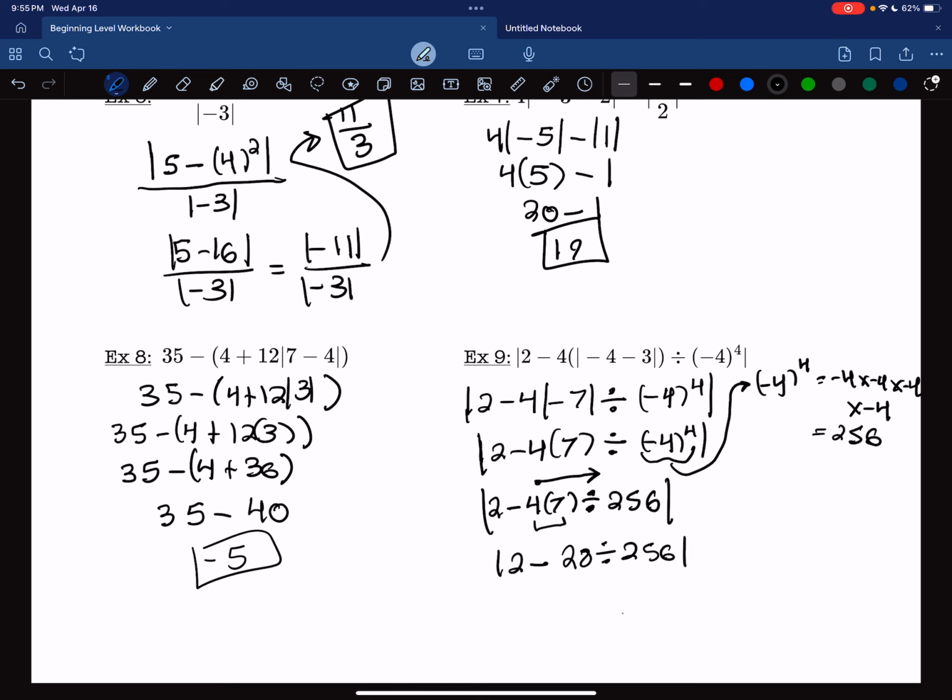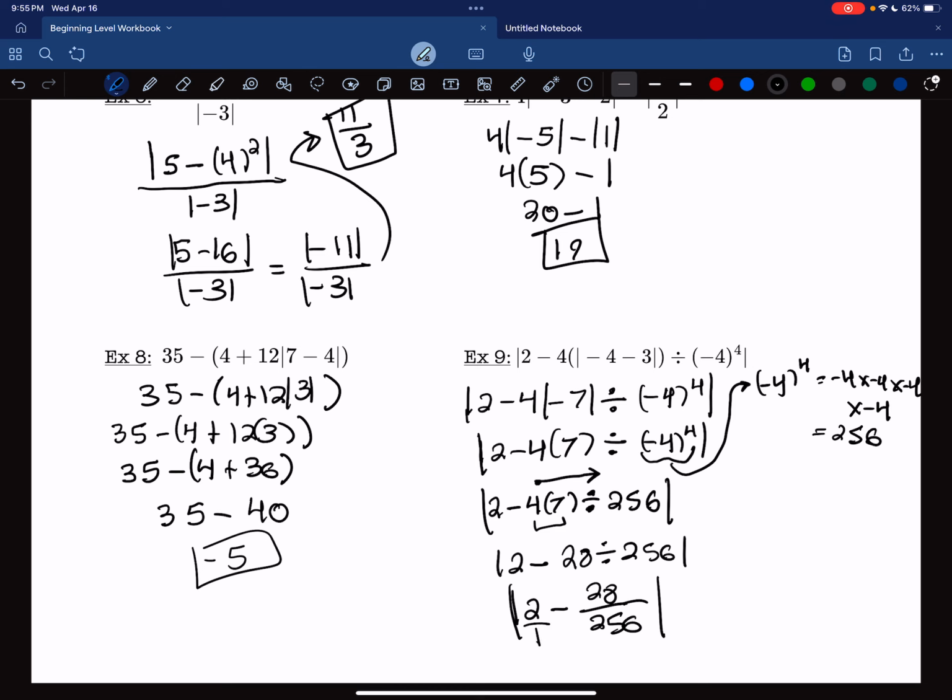And we're going to do 28 divided by 256, which is not a whole number. So I'm going to write this as a fraction. And then now we are subtracting fractions, so we have to find a common denominator.